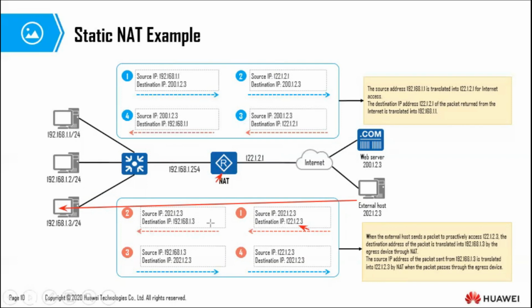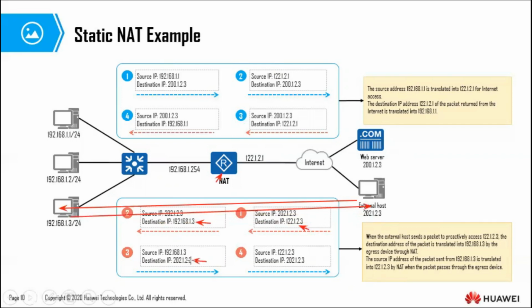The NATing device changes from the public IP address to the private IP address 192.168.1.3, like that.